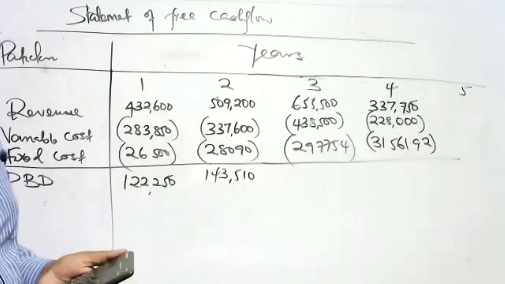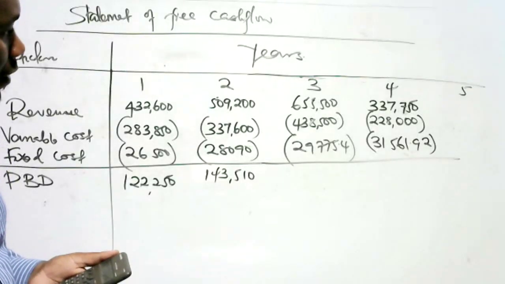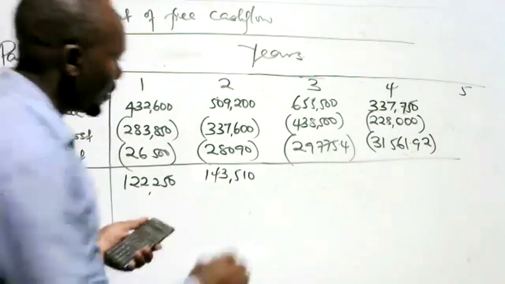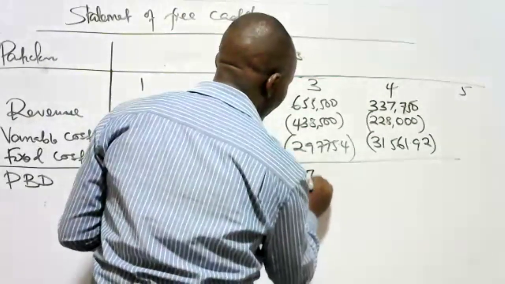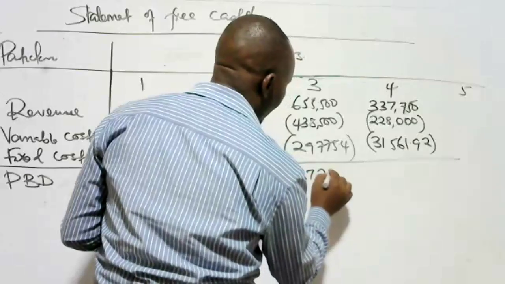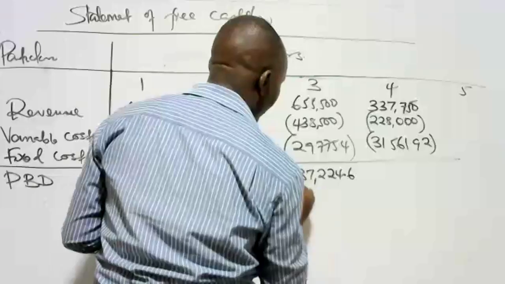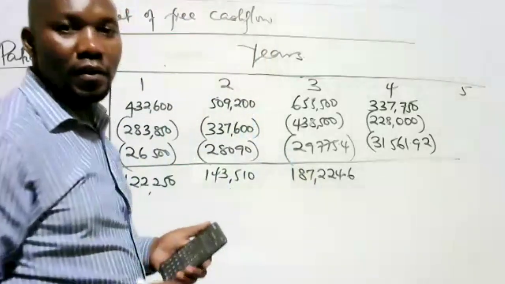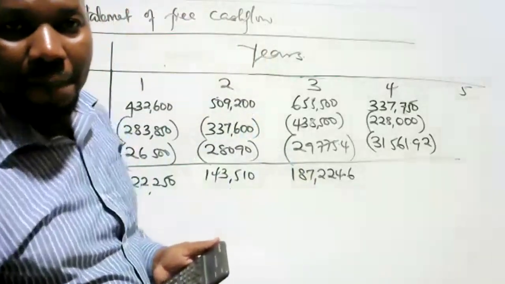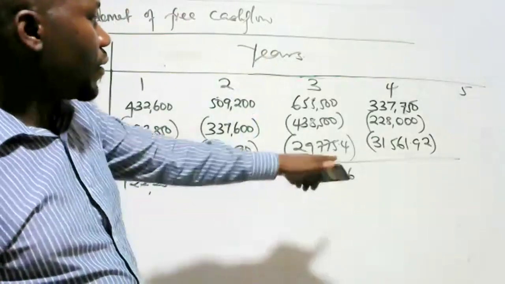So that is Violet. Sally? Year 3, 187,224.6. Okay. The remaining one is Faith.